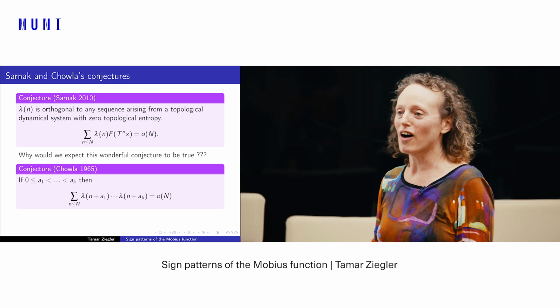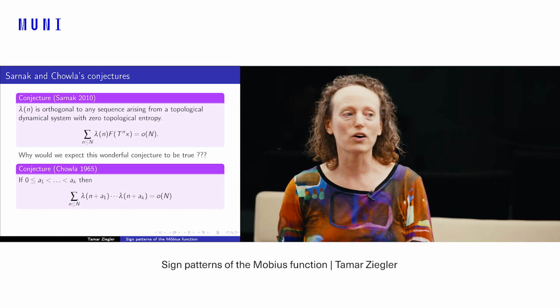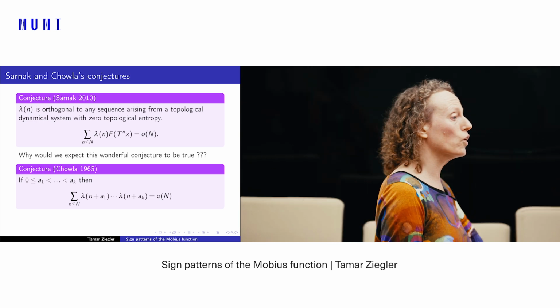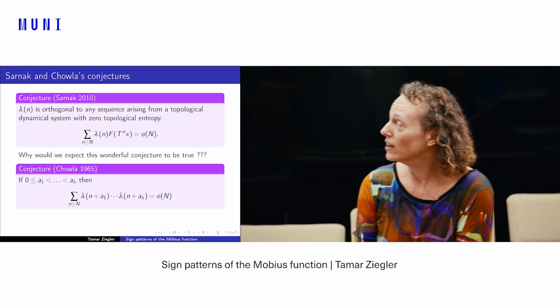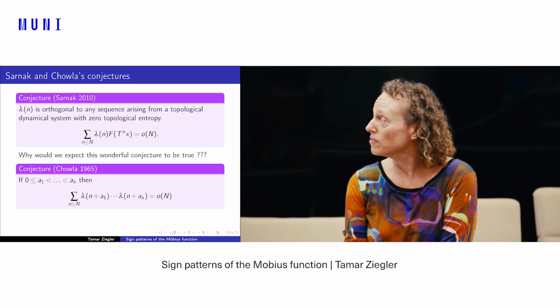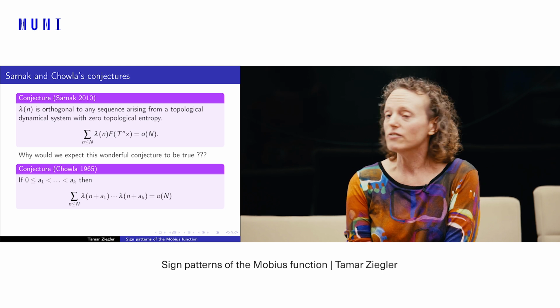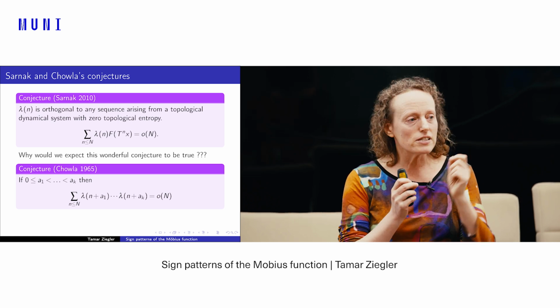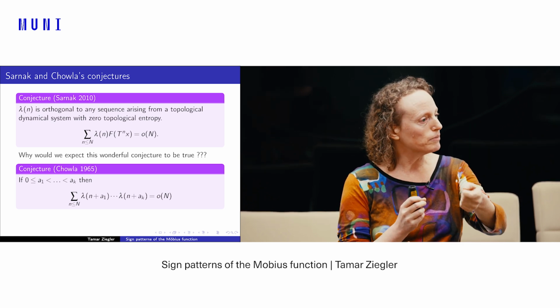And the thing is that apparently it follows from another very well-known conjecture. There's a well-known conjecture in number theory, which is called Chowla's conjecture, from 1965, and Chowla's conjecture is about the self-correlation of lambda with itself.